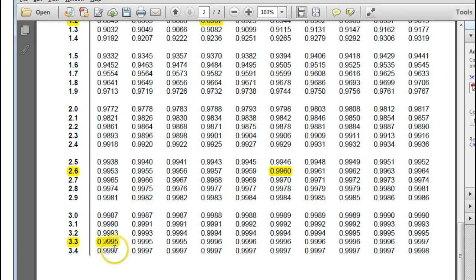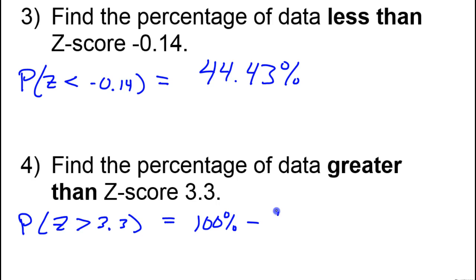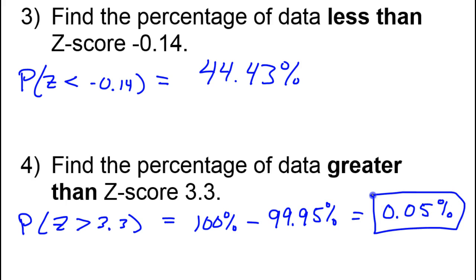So that means this very first column is the column at which we should be looking. That's 99.95%. So we're subtracting from 100 though. So 100 minus 99.95% should equal 0.05%, a really, really small number. And that's it.